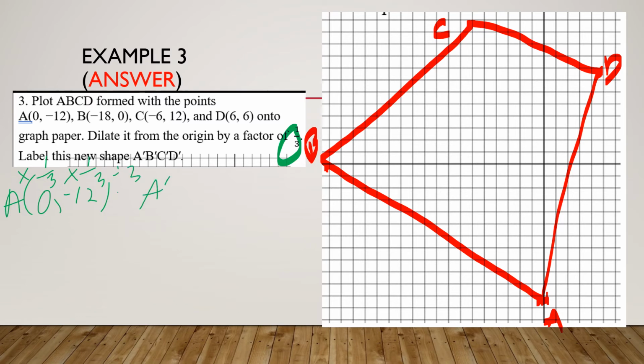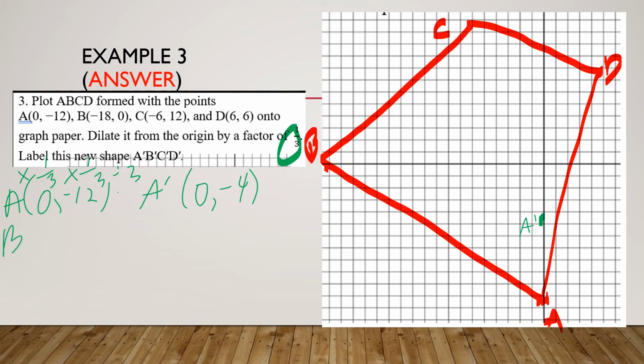So A prime, we take 0, cut it into thirds, we get 0. Negative 12, think of it as divided by 3, gives us negative 4. So A prime is going to be at 0, negative 4. So over 0, down 4. And that's our A prime.